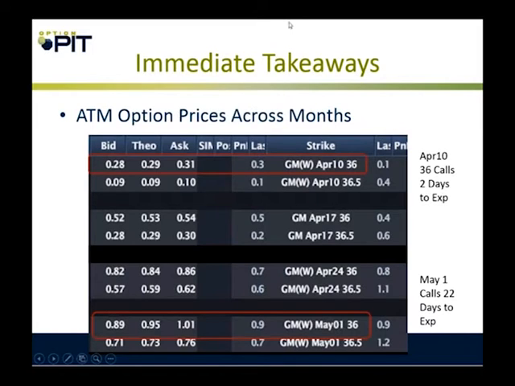So let's get some immediate takeaways here. At the money option prices across the month. Take a look at the April 36 calls in GM with 2 days to expire. They have 30 cents.